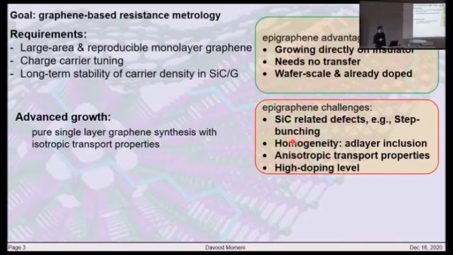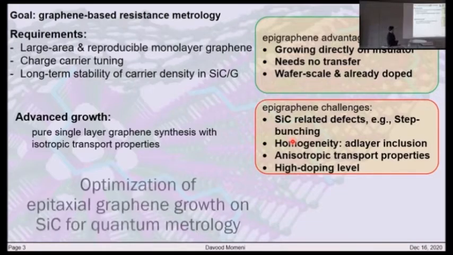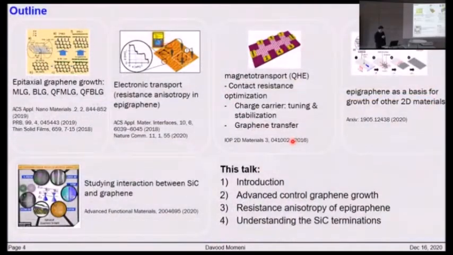But today I'm going to show you how we can solve these problems. We can get large area, pure single layer graphene without any bilayer inclusion, which shows for the first time isotropic transport properties. You will hear about this and more during my talk on optimization of epitaxial graphene growth on silicon carbide for quantum metrology. So here's a rough outline.